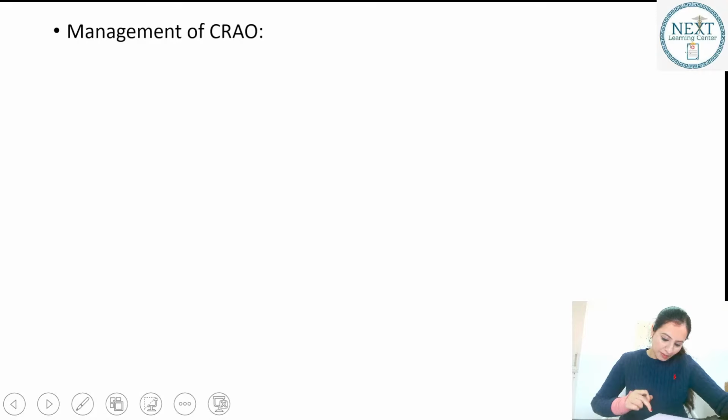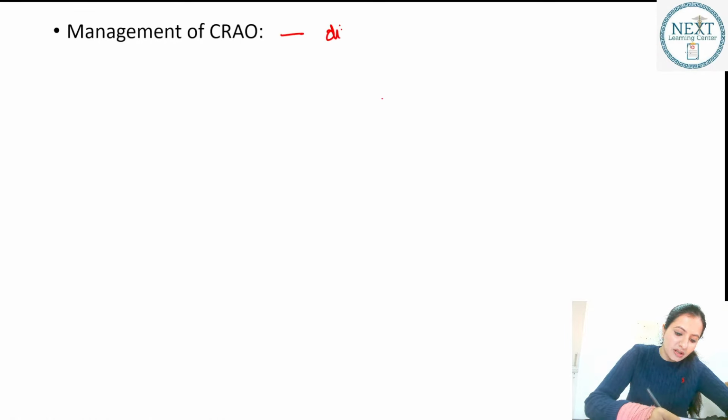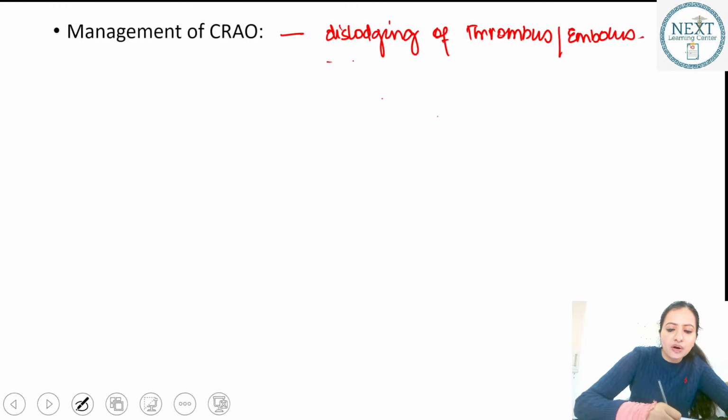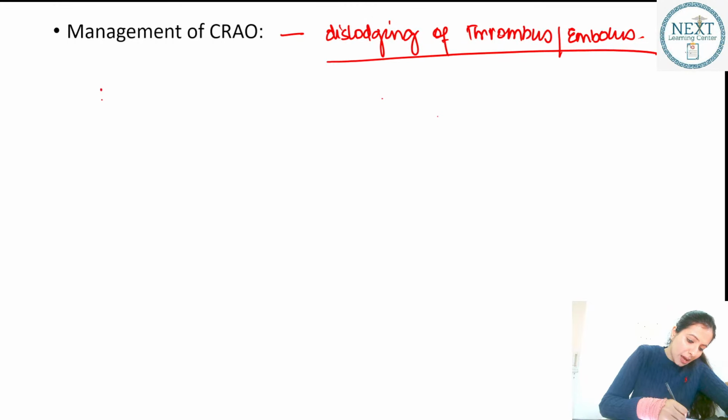Then is management of CRAO. Management involves the dislodging of the thrombus. Now this can be a thrombus or an embolus. Now how to dislodge this thrombus or the embolus?